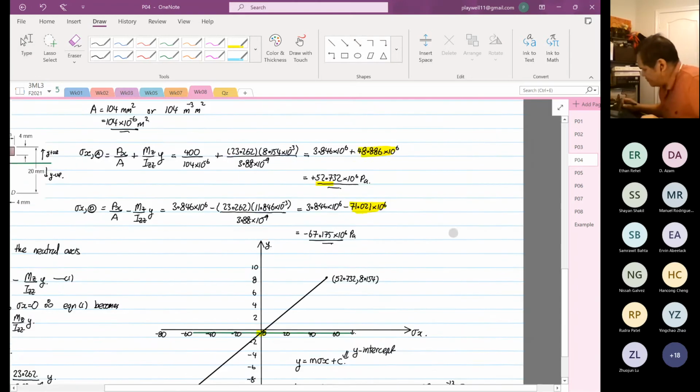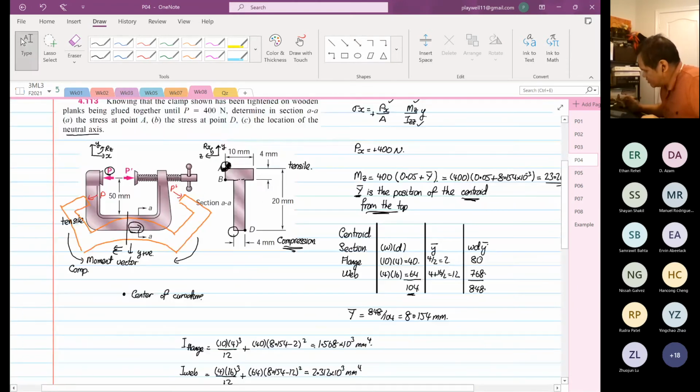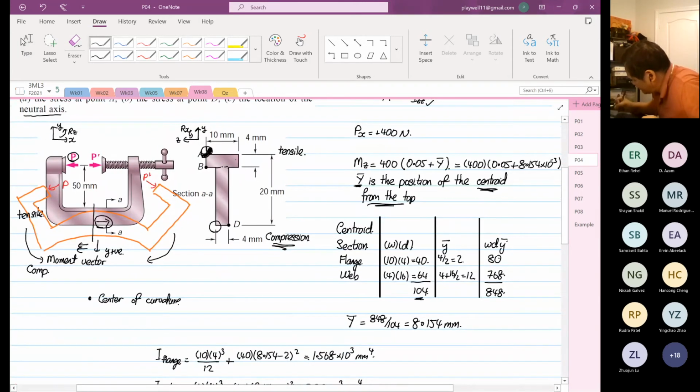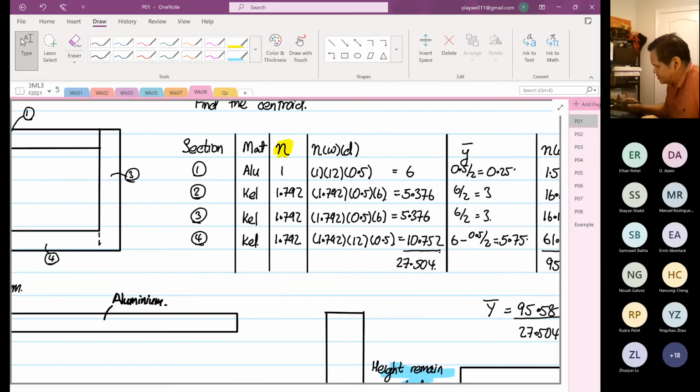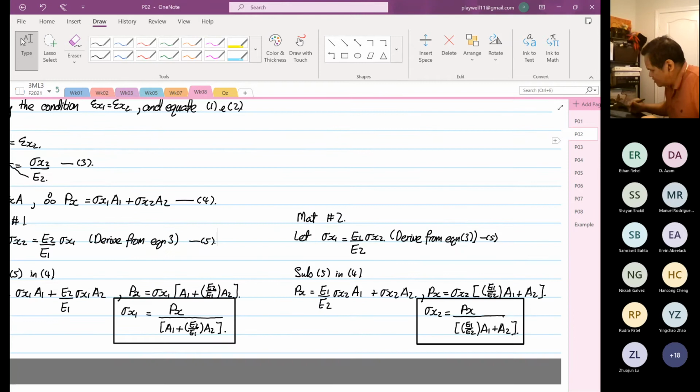Now if this material is a sandwich material, for example this is made of material number 1, this is made of material number 2, it's the same thing as what we have done before. The only difference is you have to apply this formula.